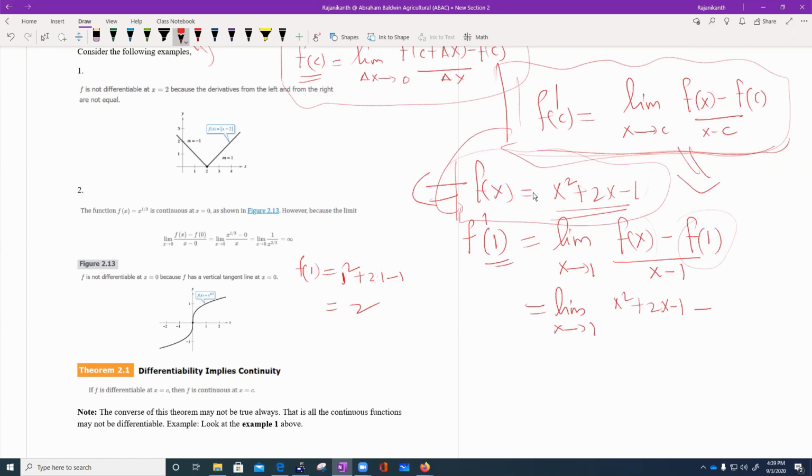Therefore, f of 1, the function value at 1, is 2. I need that here. Then divide this by x minus 1. Now if you simplify this, the numerator will be x squared plus 2x minus 1 minus 2, which is x squared plus 2x minus 3, over x minus 1.